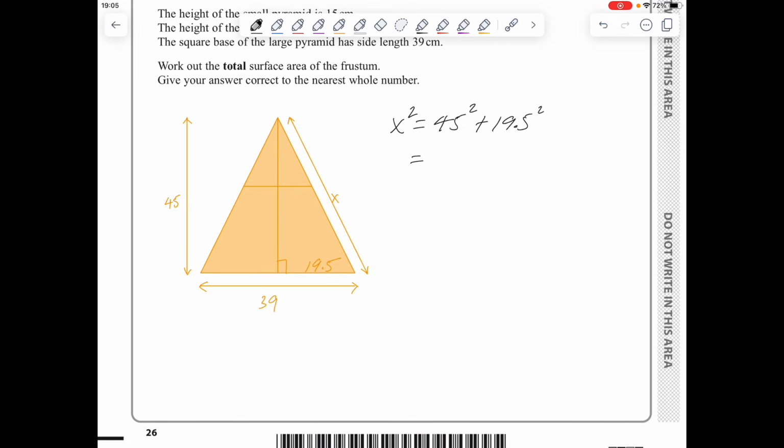This will give me 2405.25. If I take the square root, I will get 49.04334817.